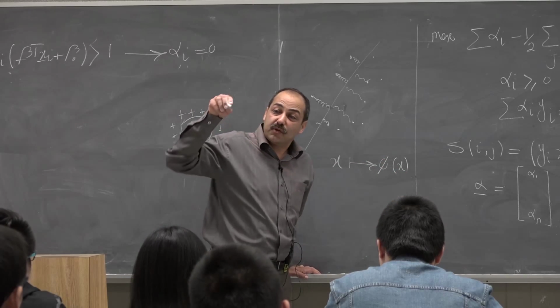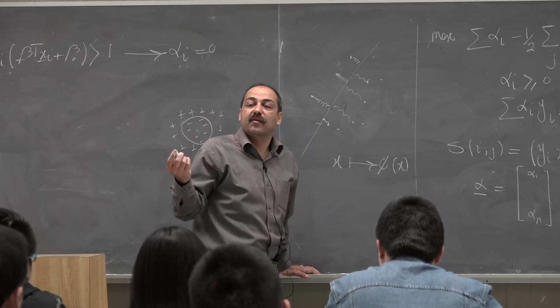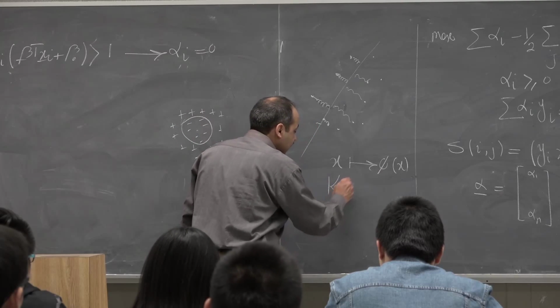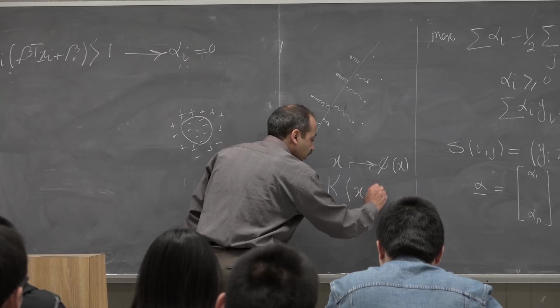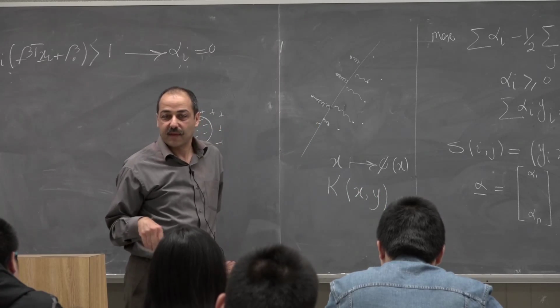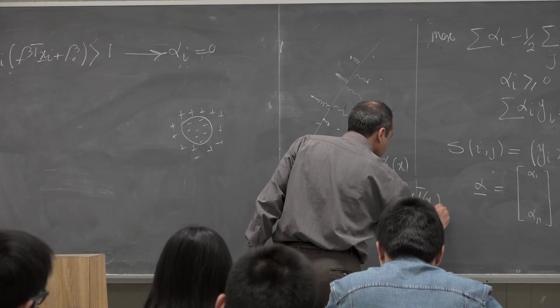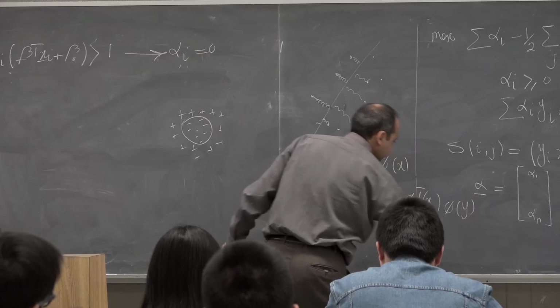Now, there are some functions which are called kernel functions. And kernel functions have this property that kernel of x and y is phi transpose of x times phi of y.